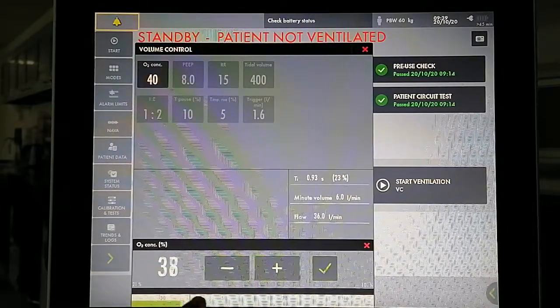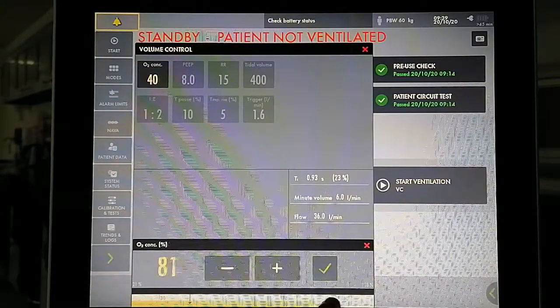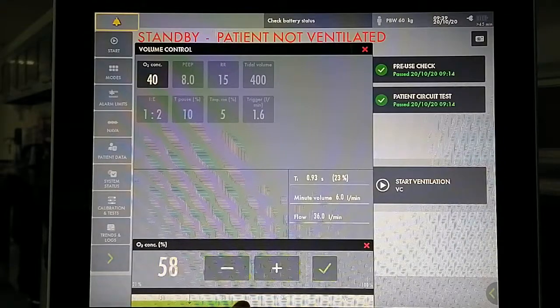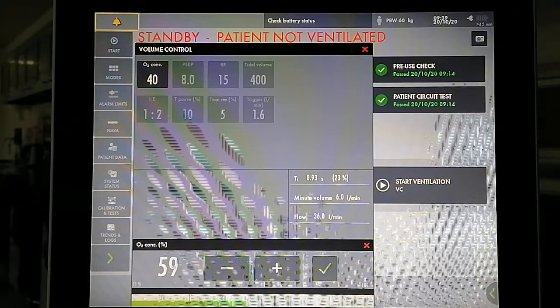As you can see here, it is green, then it changes to yellow, simply because we believe, by evidence, that an FiO2 of 60 and above can expose the patient to the dangers of oxygen toxicity.